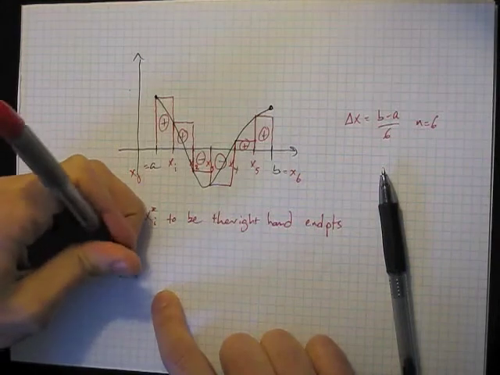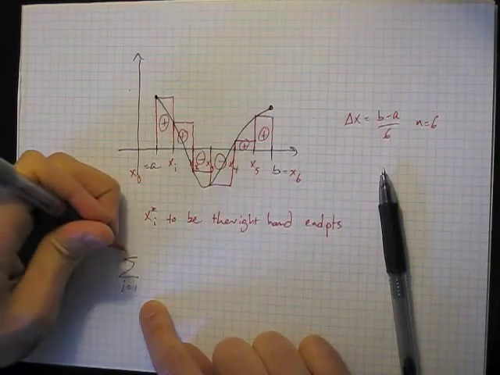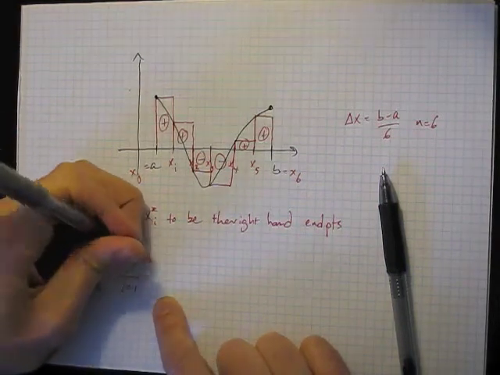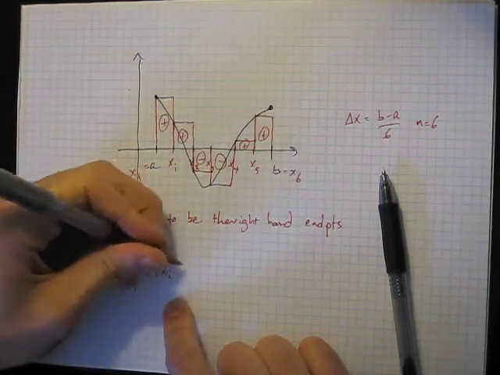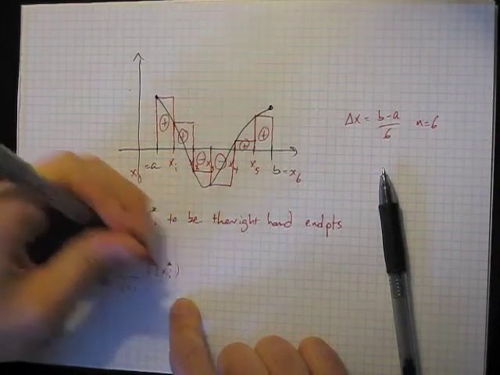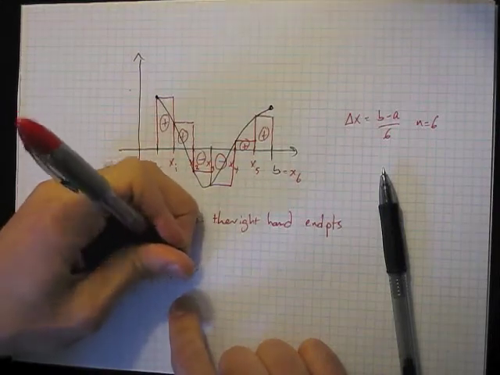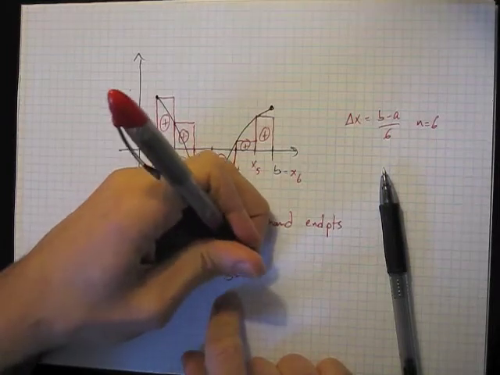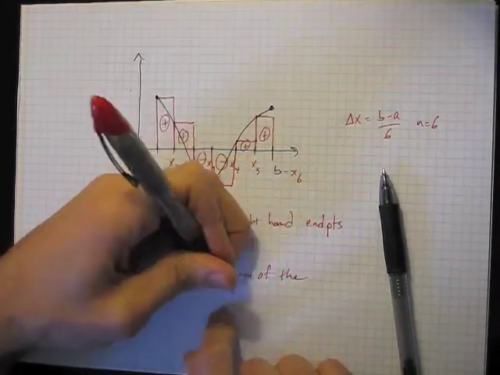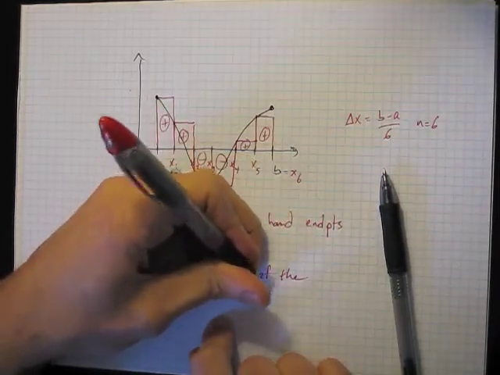So the sum, i going from 1 to 6, of f of xi star delta x, this is equal to the sum of the signed areas of these rectangles.